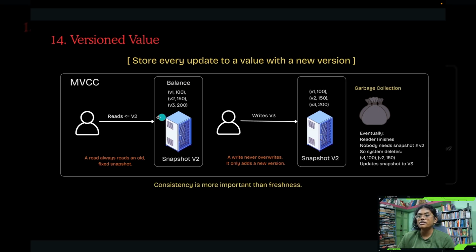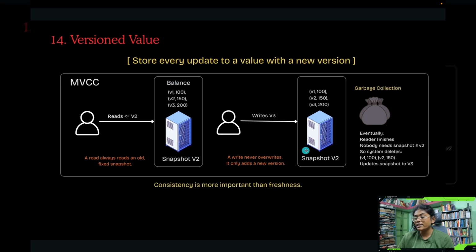For example, let's just say that a client wants to read a particular balance. We are having balance version 1 and version 2, and the snapshot is set to version 2, then the client will only read what is on the snapshot of version 2, which is 150. And that is about the read.